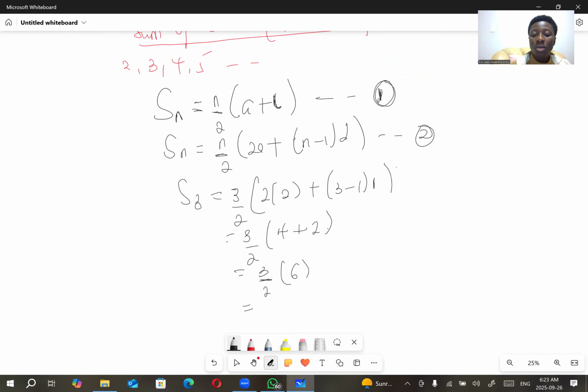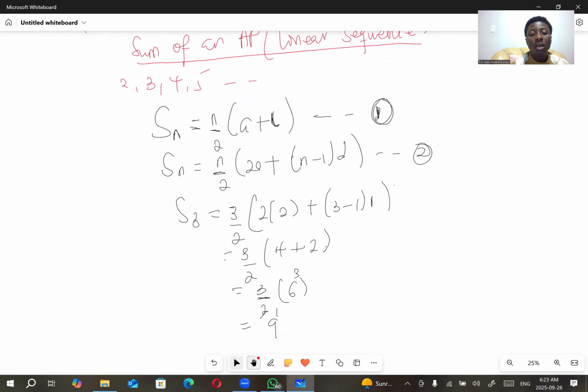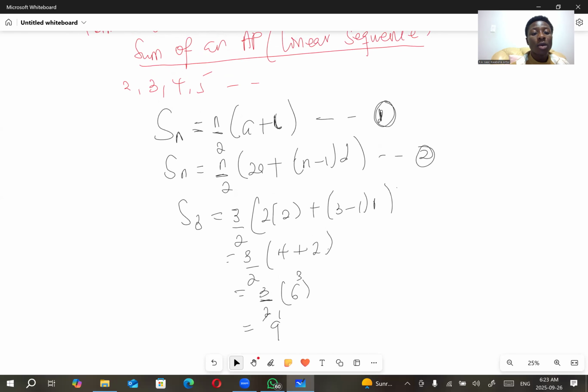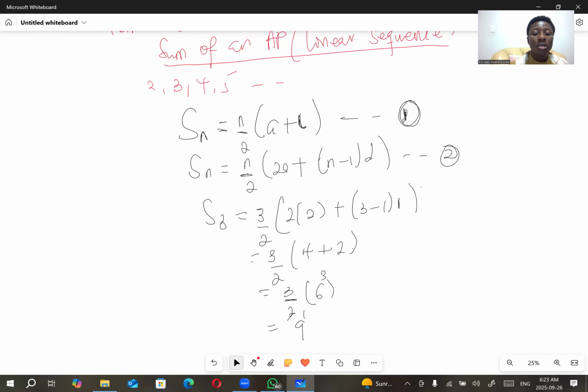That will be equal to 2 into 6 is 3, and 3 times 3 is 9. The sum of the first 3 terms is 9. 2 plus 3 is 5, 5 plus 4 is 9. And that's what we had.